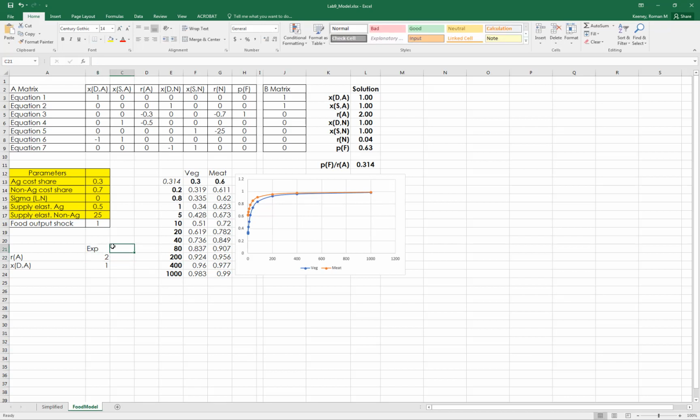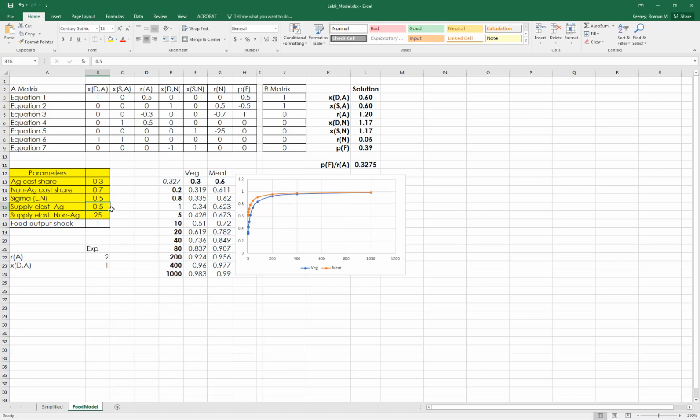Now we had the sigma, the substitution elasticity, turned off, and let's set it to some other value. What's a good low substitution elasticity? I don't know, I'm just going to pick 0.5 and go with it and ignore this stuff over here changing. We'll talk about that in a second.